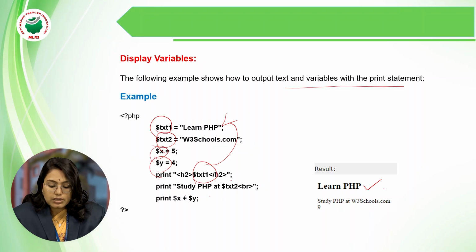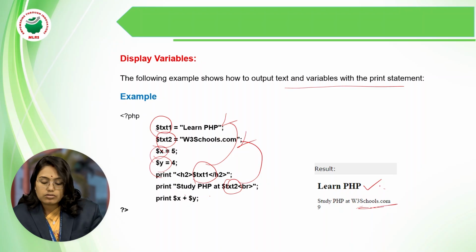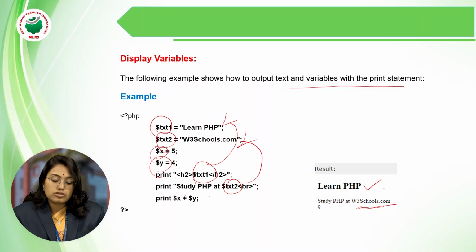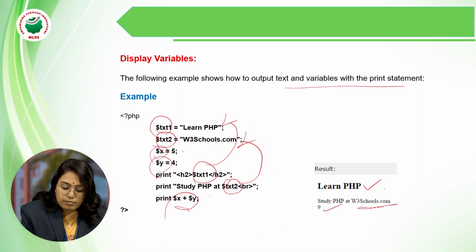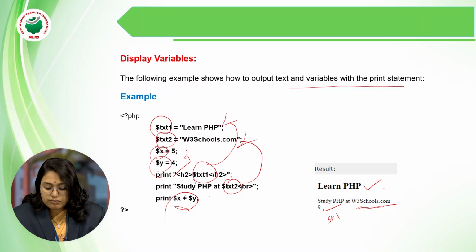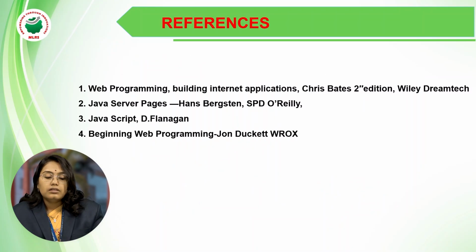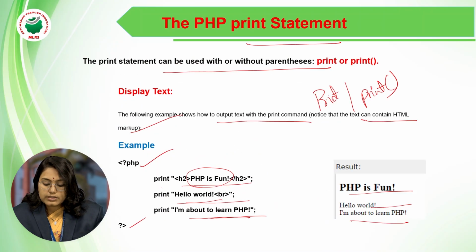Next, study PHP at $text2, what we have given, W3Schools. So it got that. Next $x plus $y. Print $x plus $y is nothing but 5 plus 4. Yes, 5 plus 4 we get. So the same output we got. Yes. Let's see the same output.